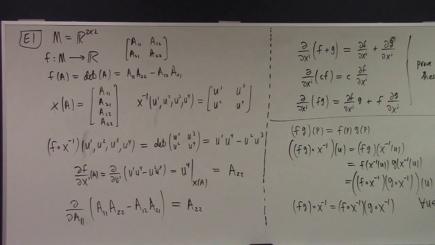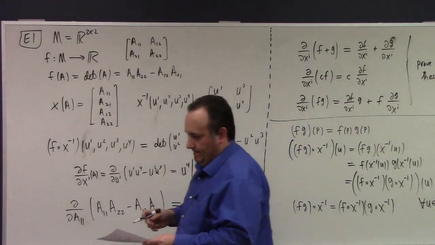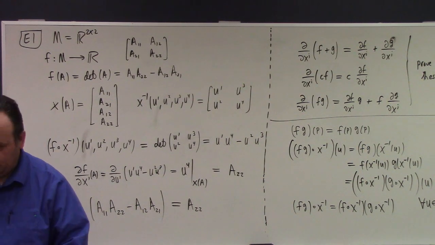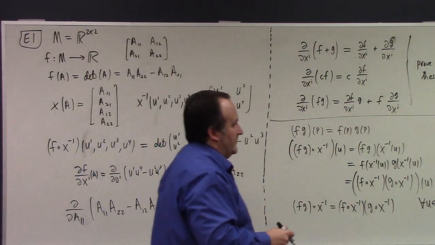It's partial f, partial y_i at p is equal to the sum, j equals 1 to n, of partial f, partial x_j at p times partial x_j, partial y_i at p. So that's the chain rule.